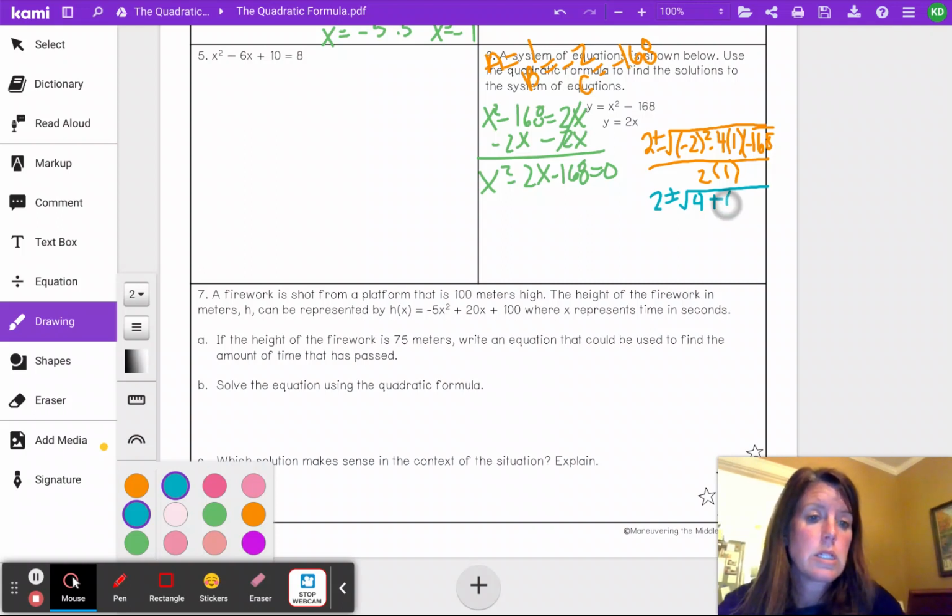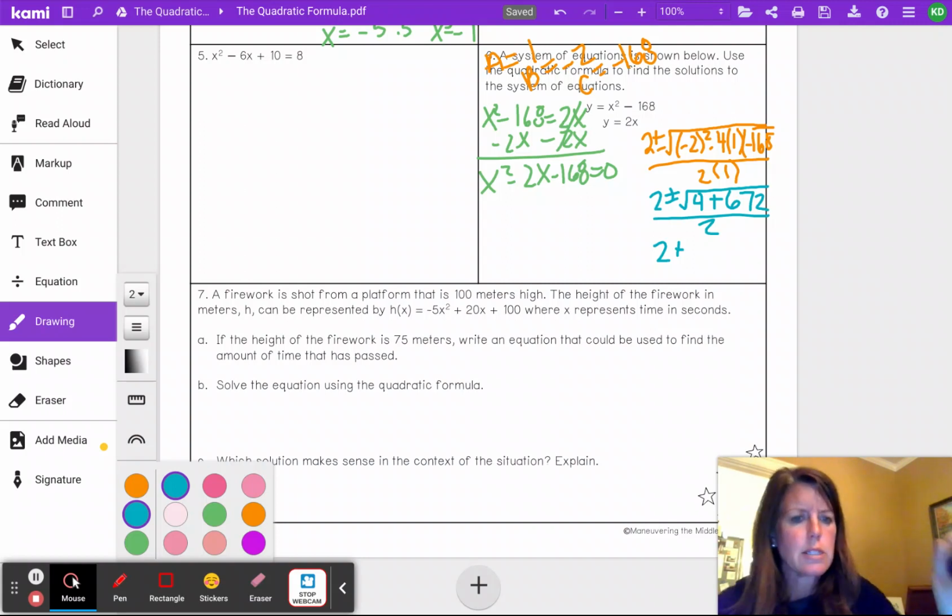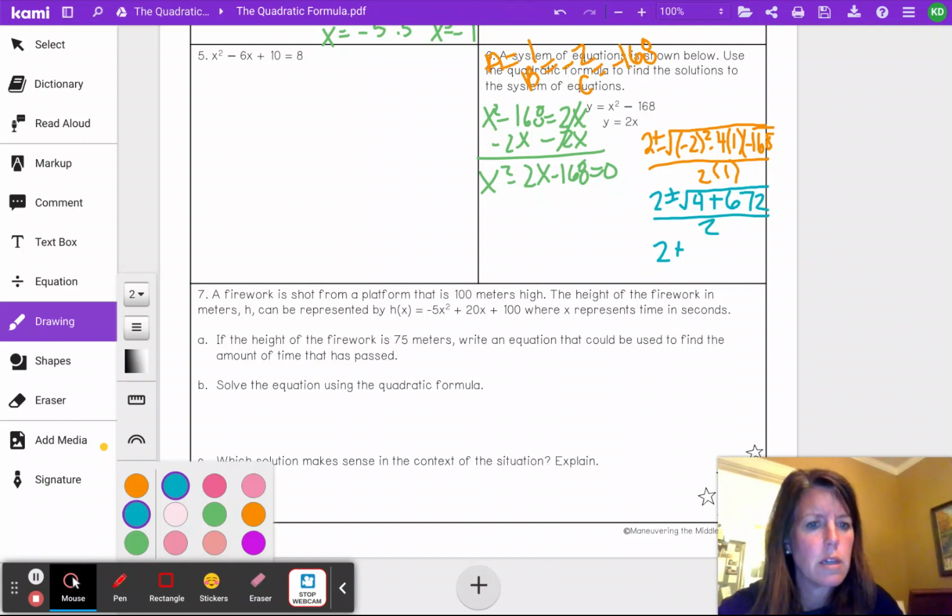So plus 672, divided by 2. Now we've got 4 plus 672 is 676. Square root of 676 is 26. 2 plus 26 divided by 2 equals 28 divided by 2, which is 14.